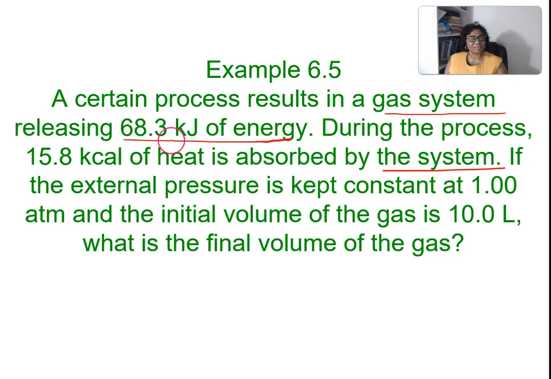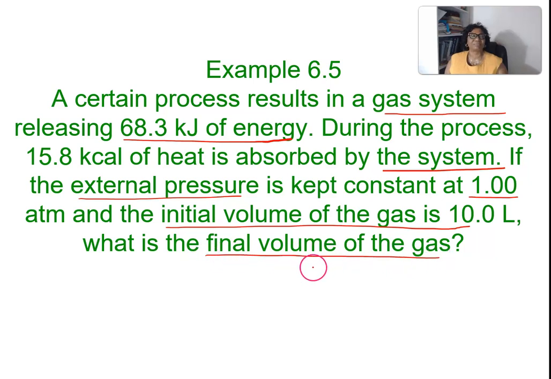So it releases energy and absorbs this. If the external pressure is kept constant at 1 atmosphere and the initial volume of the gas is 10.0 liters, what is the final volume of the gas?